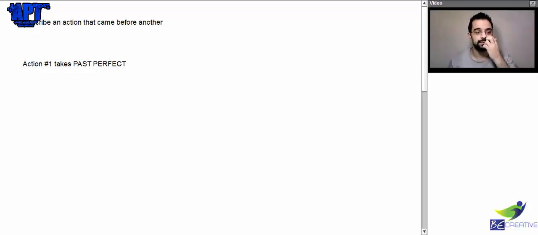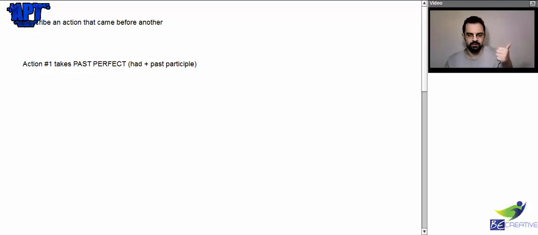This is the first action. A past perfect is, by the way, had plus past participle. Past participle, the third form of the verb.